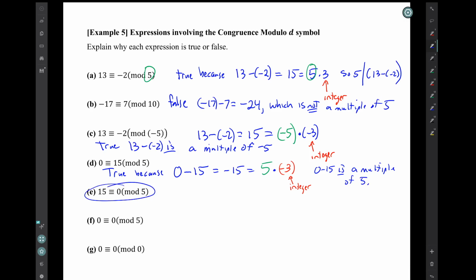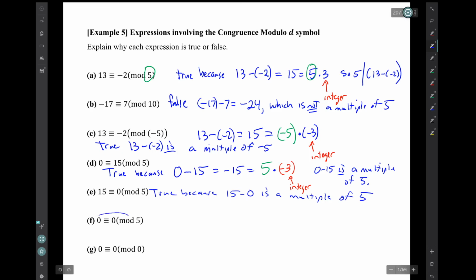We can see that 15 minus 0 is also a multiple of 5. All right, what about this one? Well, we have to investigate 0 minus 0. Well, 0 minus 0 is 0, and that is a multiple of 5. So since 0 minus 0 is a multiple of 5, we can say that that's true.